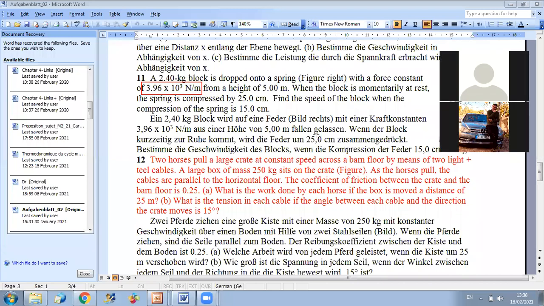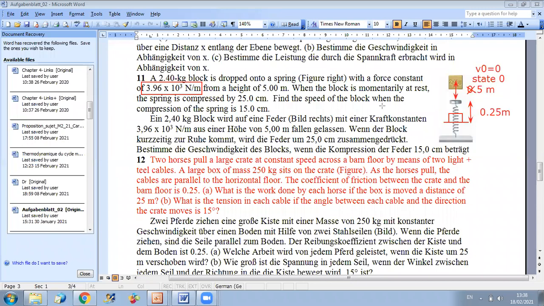Since they gave additional information, they could have not given K, the value of the stiffness. If they don't give you the stiffness, you can find it. That would make the problem a bit harder.